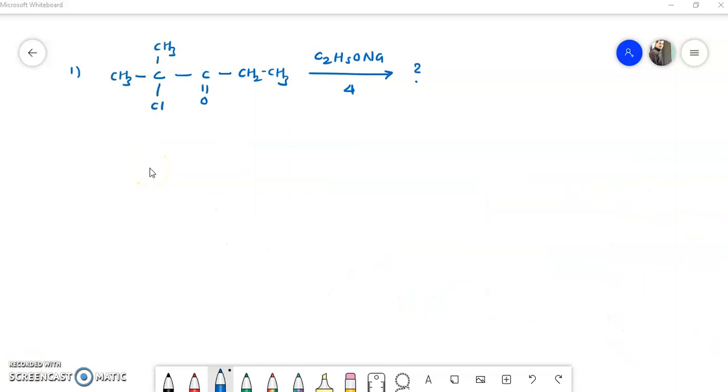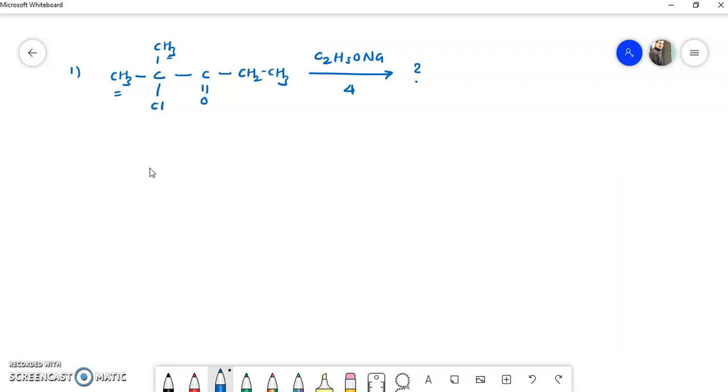Consider this example as a first example of the Favorsky rearrangement. Compare this example with the general Favorsky reaction we have learned before. Here this methyl group and this ethyl group are the substituents that we saw as R, R' and R''.